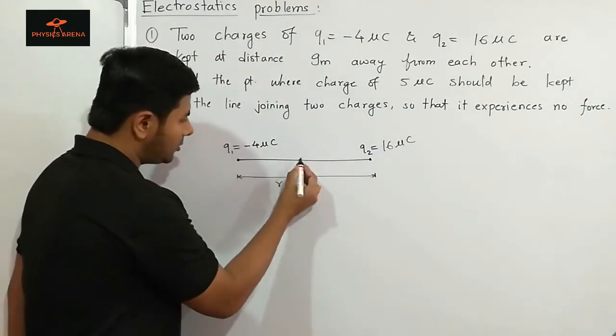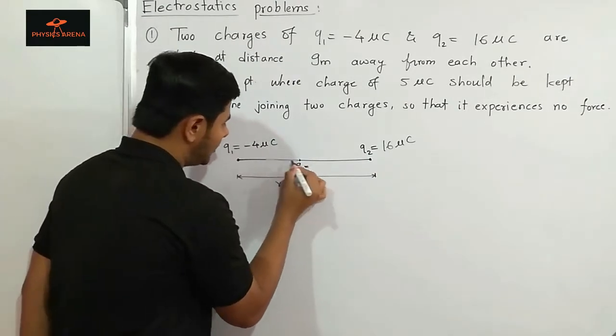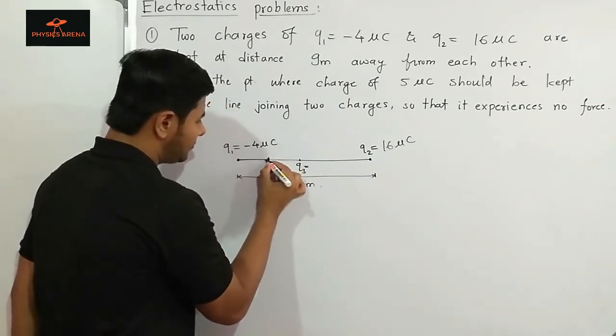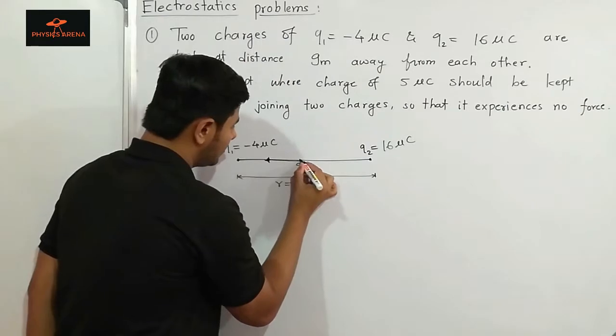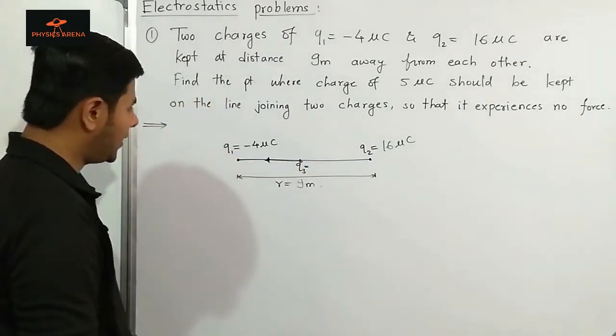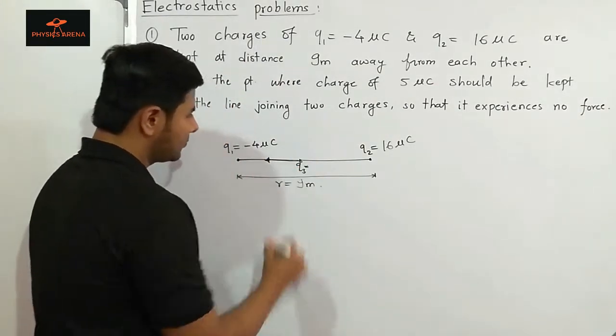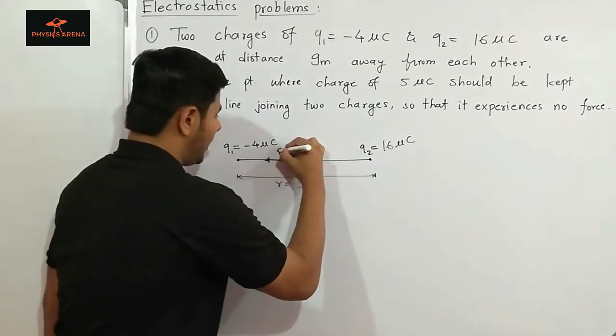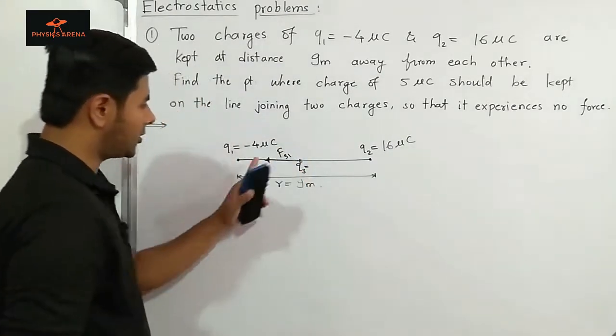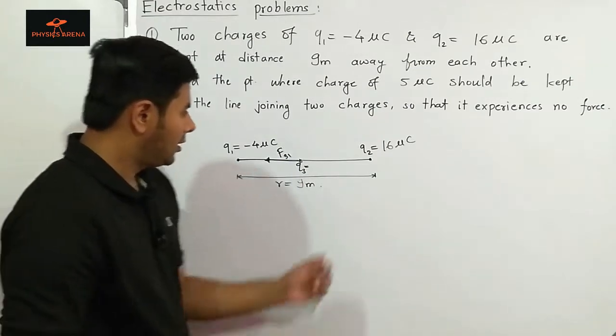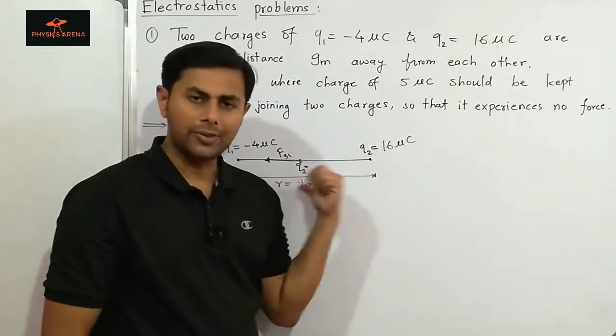So force due to Q1 will be directed along this line. Q1 will attract Q3. So this is F31, force on 3 due to 1. And Q2 will repel Q3.